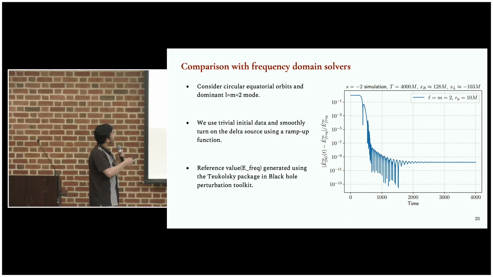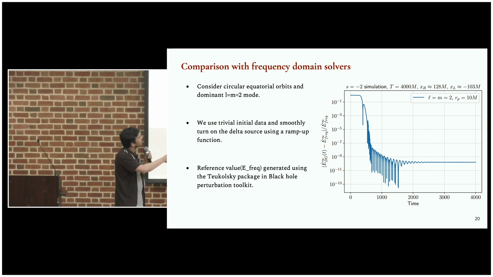The final result is that for circular equatorial orbits, we compare our value with the frequency domain result, and we get 10 digits of accuracy. We get this E dot from the Black Hole Perturbation Toolkit, where the particle is at 10 M, and we are just looking at the 2-2 mode here.